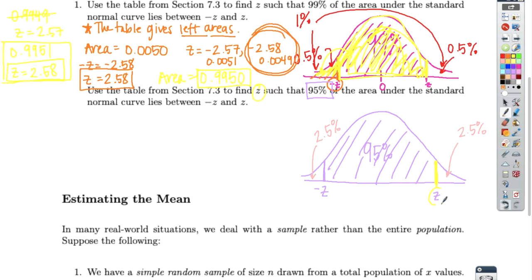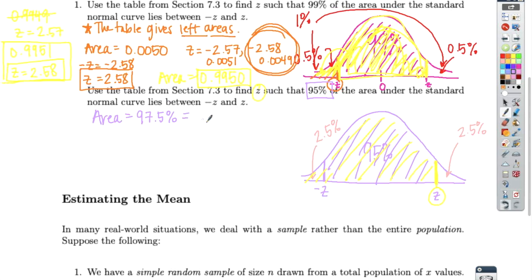I'm trying to find this z. I'm going to figure out what is its left area. So I've got this 95%, and then I've got an additional 2.5%, which would make my total area 97.5%. That's the left area. And again, that additional 2.5 is left over on the right side, but I only want the left area.